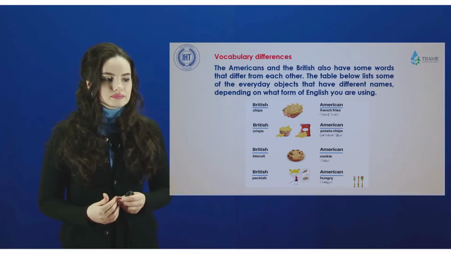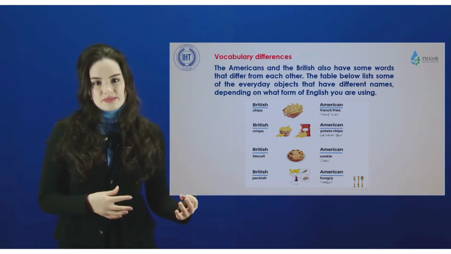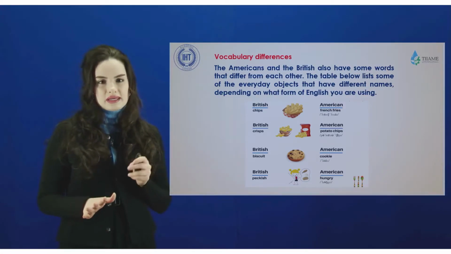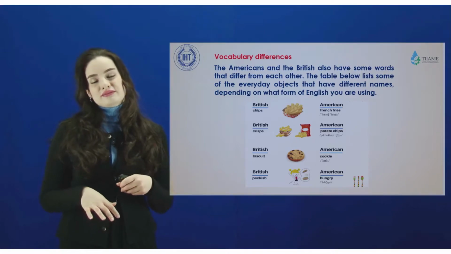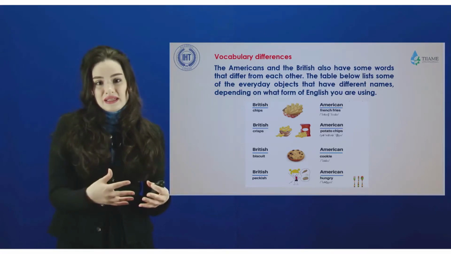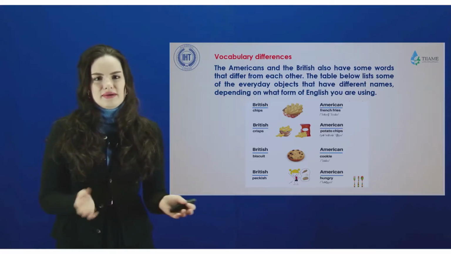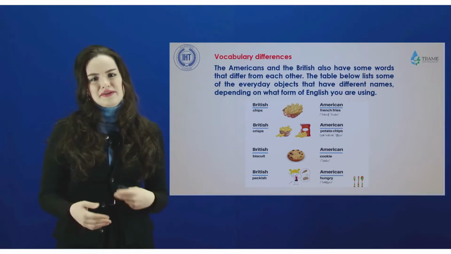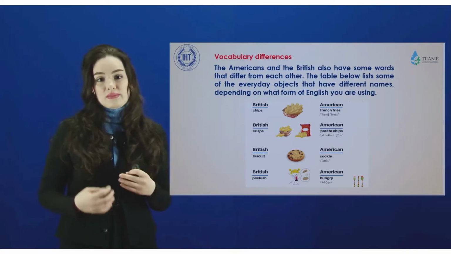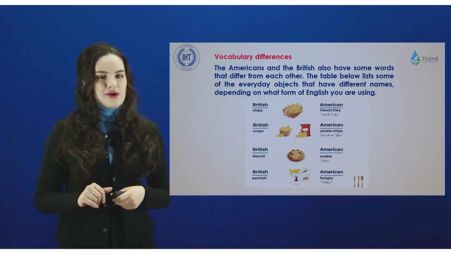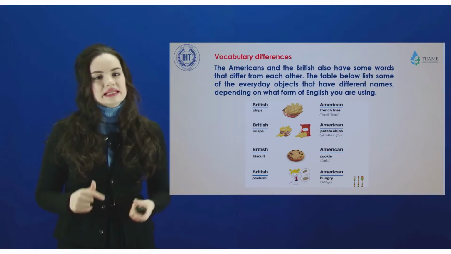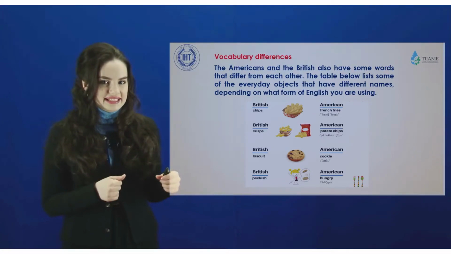Or crisps and potato chips, absolutely the same thing, and you may ask a waiter for something and they will say, no, we have no such dish in our menu. So you should note where you are, in Britain or in the United States.